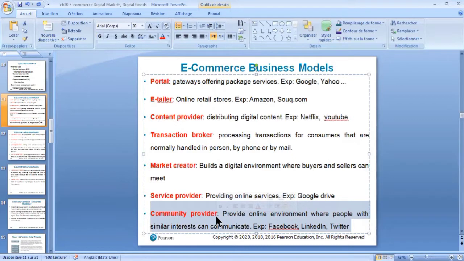They can share photos, videos, they can communicate with people like them. They can receive interest related information, etc. كما الفيسبوك، LinkedIn, Twitter, etc. فهذوما examples of business models يعتمدوا الكوميونتي بروفايدر موديل.